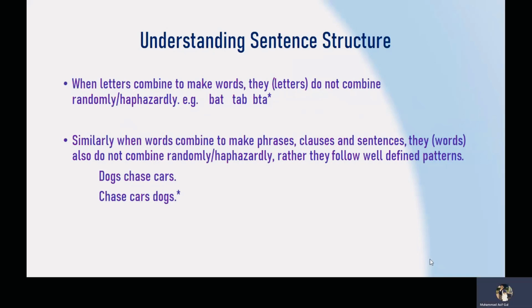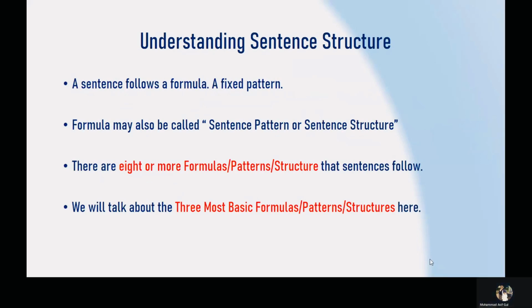So far we have learned that words do not combine randomly. They follow well-defined patterns. Every sentence follows a formula, a fixed pattern. This formula may also be called sentence pattern. It may also be called sentence structure.